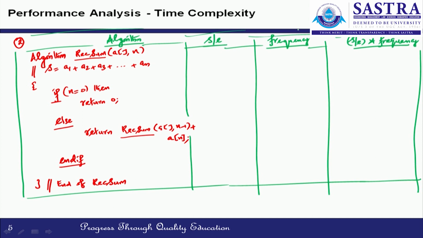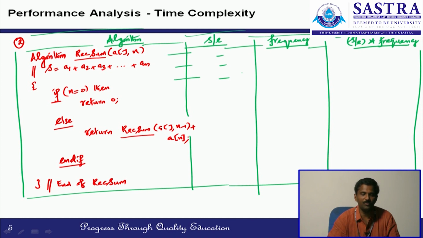Now consider the first lines, which have no steps. If n is equal to 0, checking the condition is taken as one step per execution. Please recall that in the step count method, we introduced the count before the if statement corresponding to the conditional test if n is equal to 0.